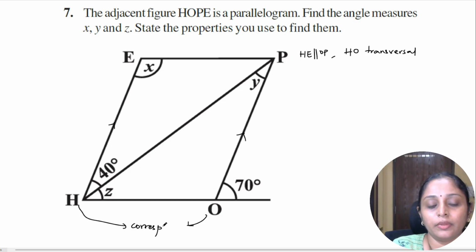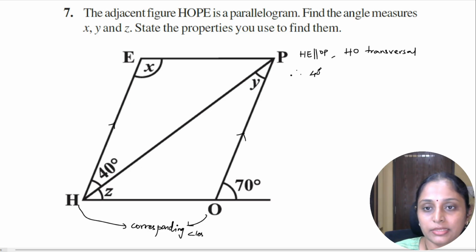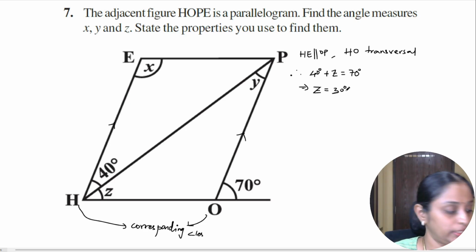Correct? Now what can we say about corresponding angles? They are equal in measure. Therefore, I can say that 40 plus Z is equal to 70, implies Z is equal to 30 degrees. So I got Z is 30 degrees, right?